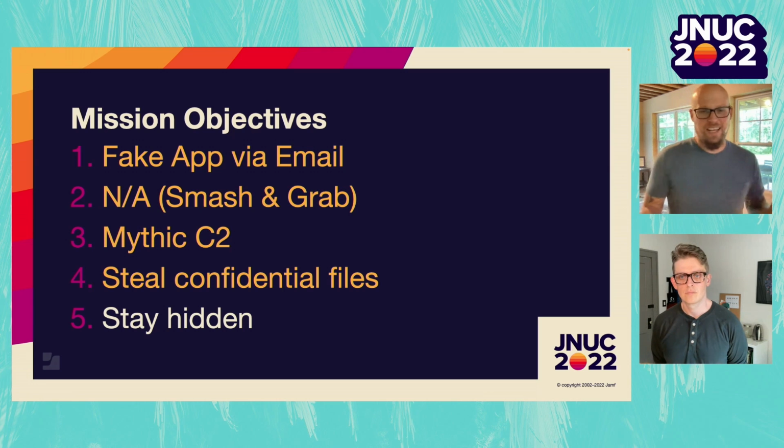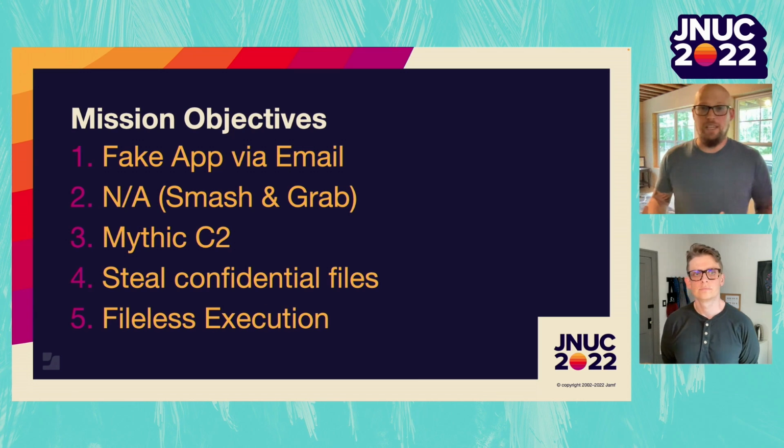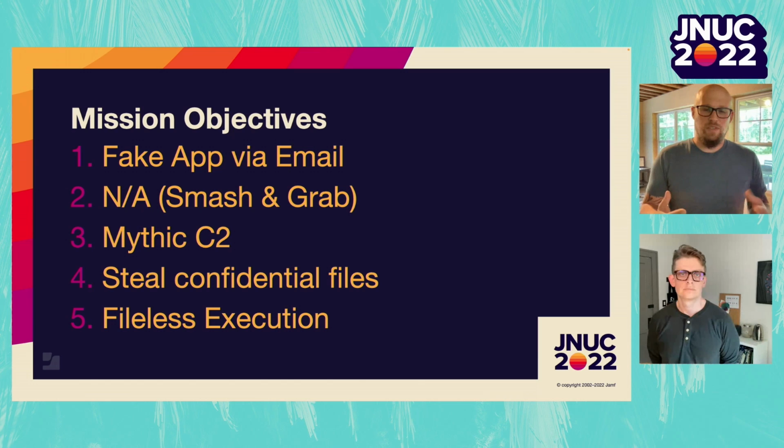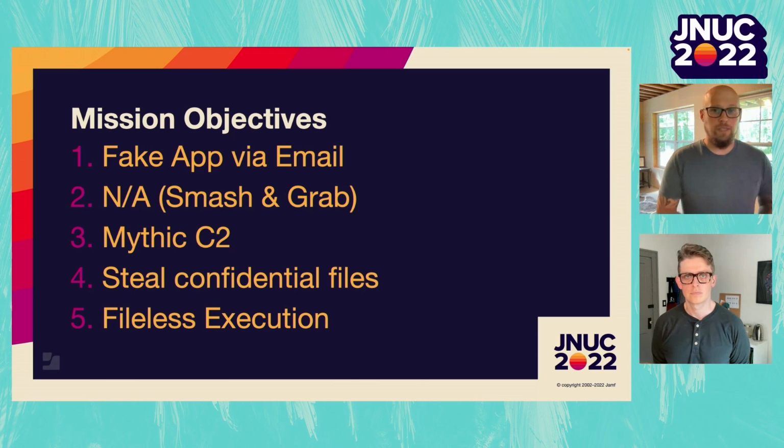We're just going to try and get on the computer, find confidential information, and then just get out and not even worry about persistence. So finally, how are we going to stay hidden? We're going to do this by using fileless execution. In other words, the malware or stage 2s that we're going to download with Mythic, we're not going to write those to disk. We're going to do some living off the land, which we'll get into in a little bit.